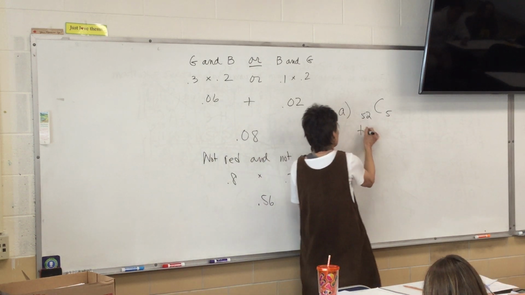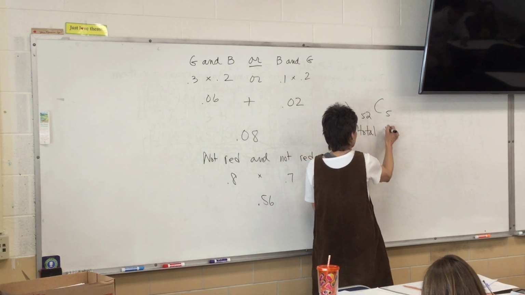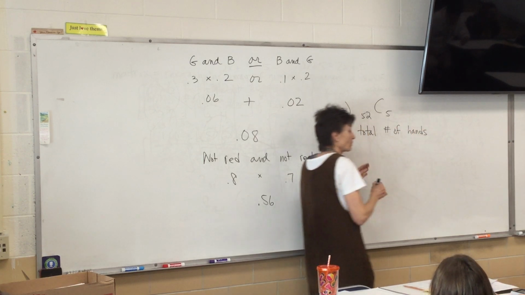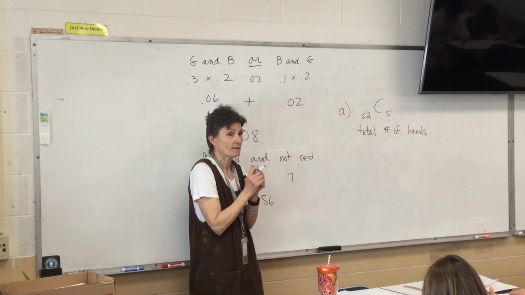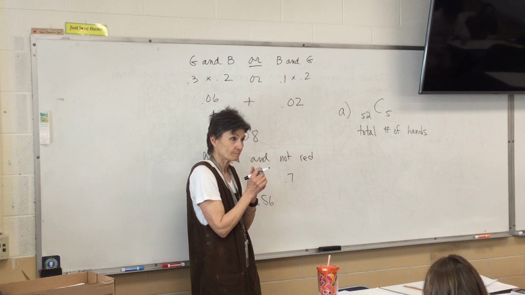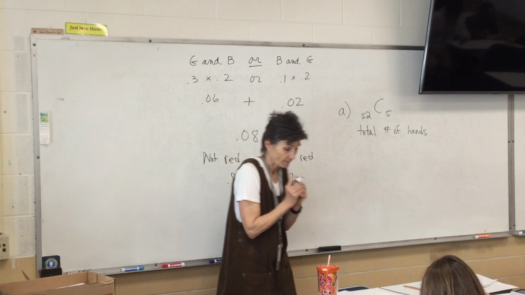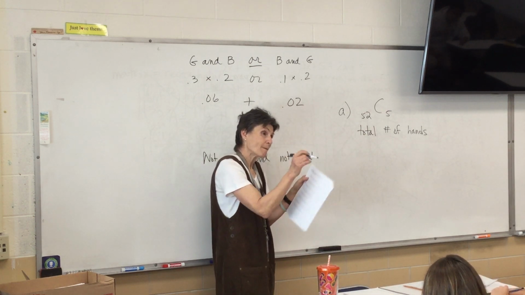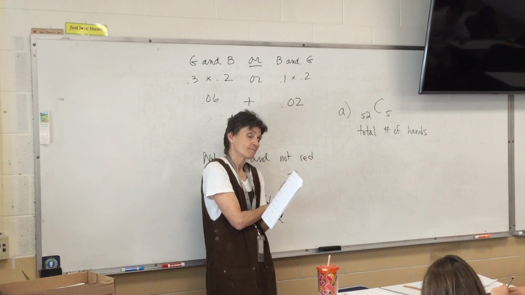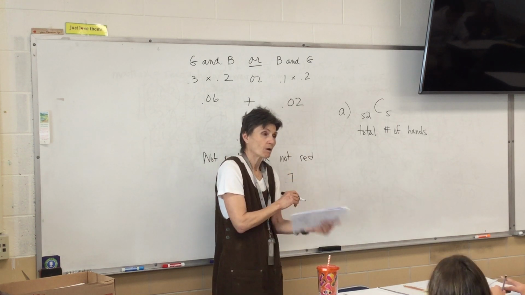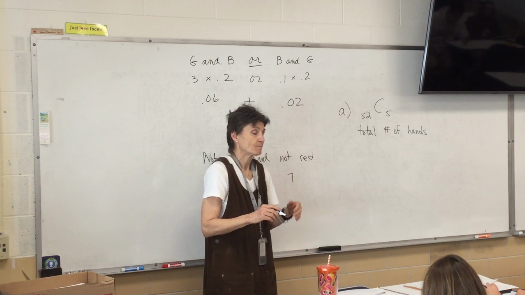This is the total number of hands in the deck, 5-card hands. That's a big number. There's a lot of them. Now, what's the probability that those 5 cards I give you are all diamonds?